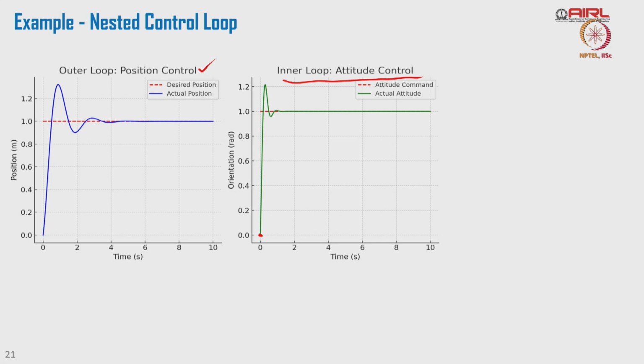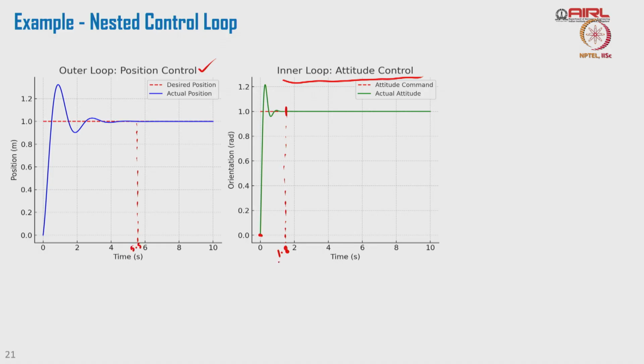We can tell because the inner loop dynamics is getting settled at around maybe 1.8 seconds, whereas the position control output is getting settled maybe around 5.5 seconds.